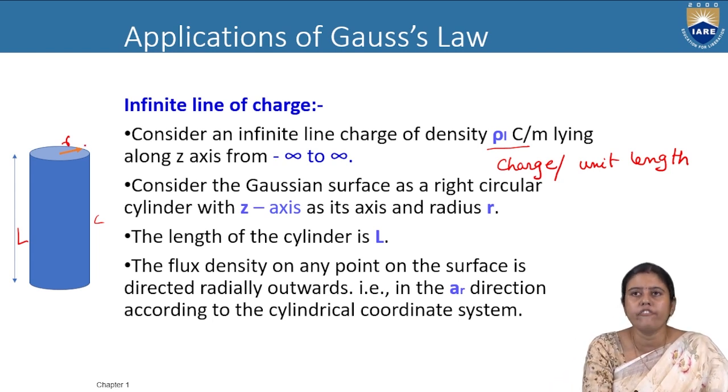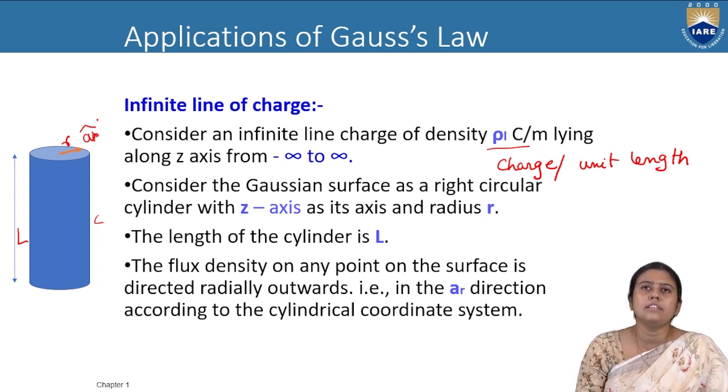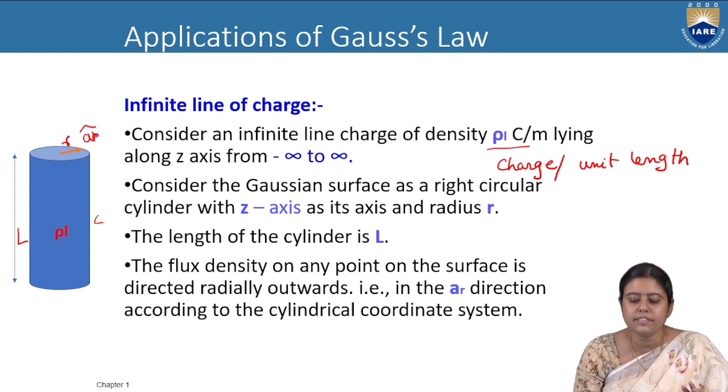So the direction of the flux will be radial, and we can write it as the a_r direction. This is the direction of the flux density.